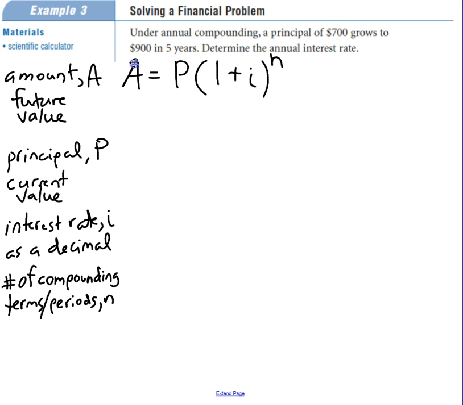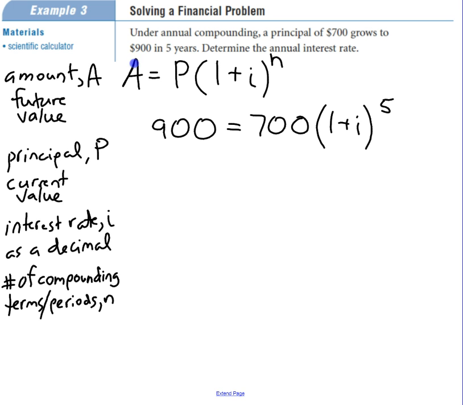When we first put in our amount, we have to know that, okay, growing to is in the future. Growing from is the current value of 700. The annual interest rate is not known, so leave it as 1 plus i, and in 5 years.